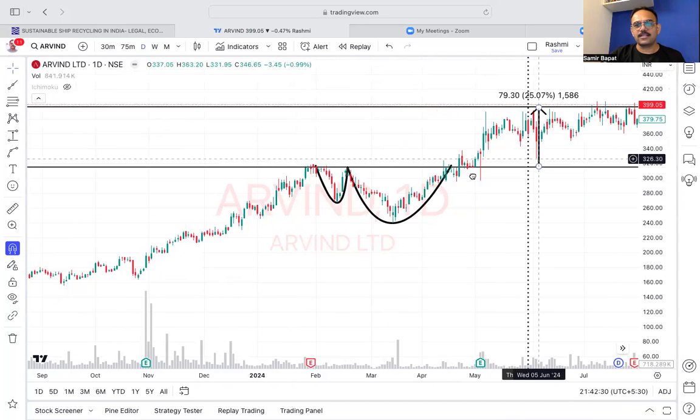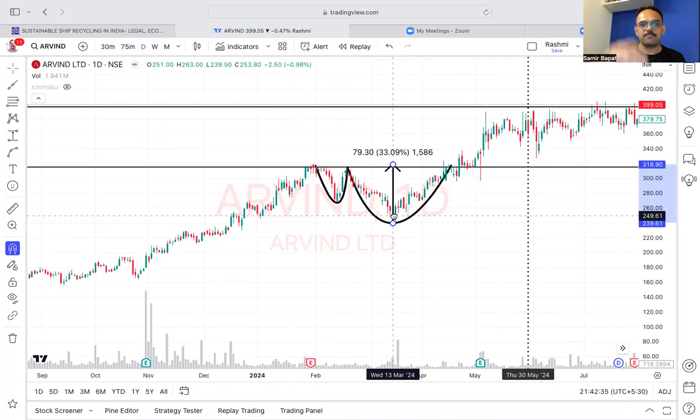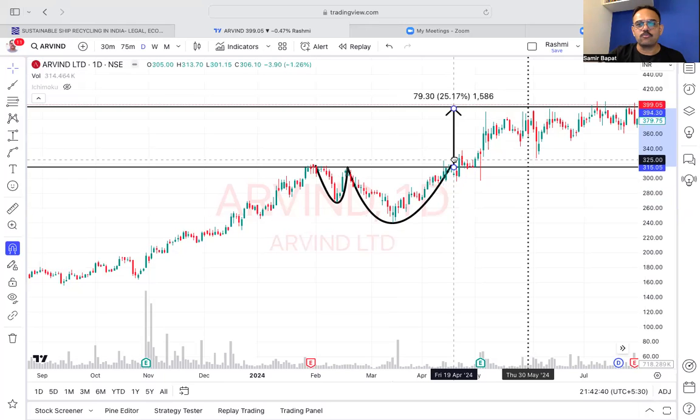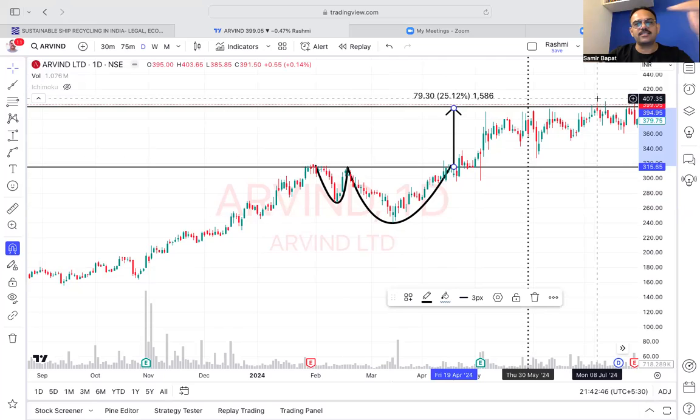You have to measure the depth of the cup. This is the depth of the cup, 79 points. You keep it at the breakout point, that is the top of the cup. This is the target. As you can see, it reached the target. So we are good here.